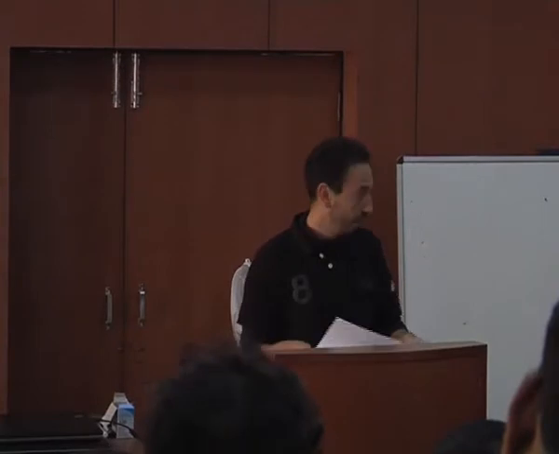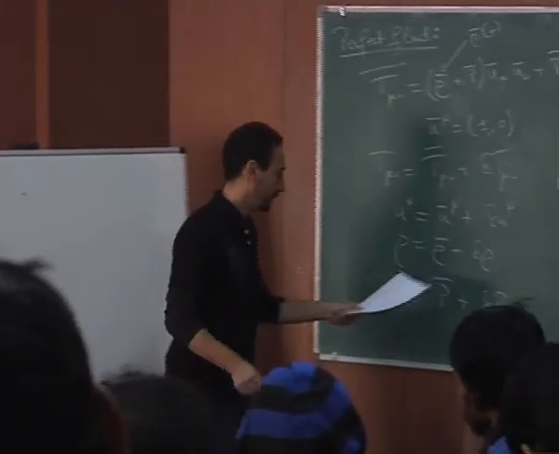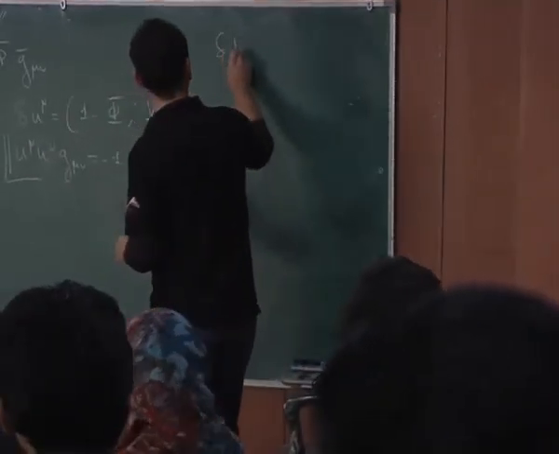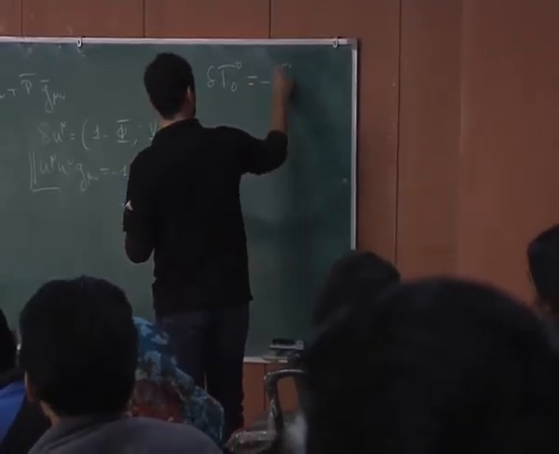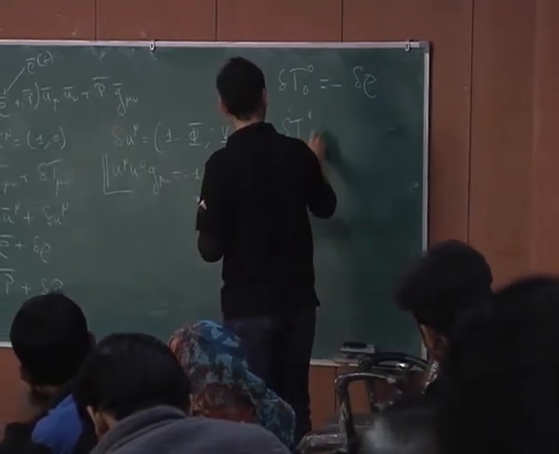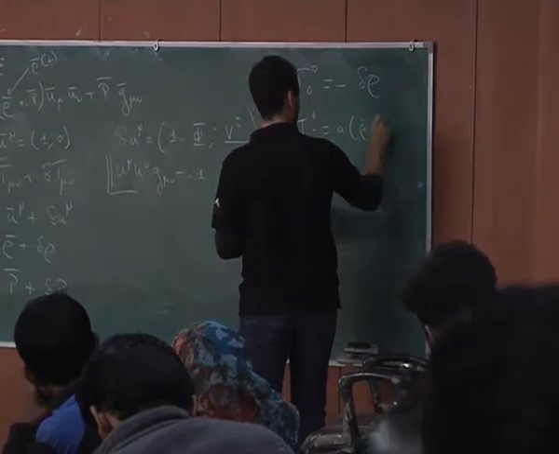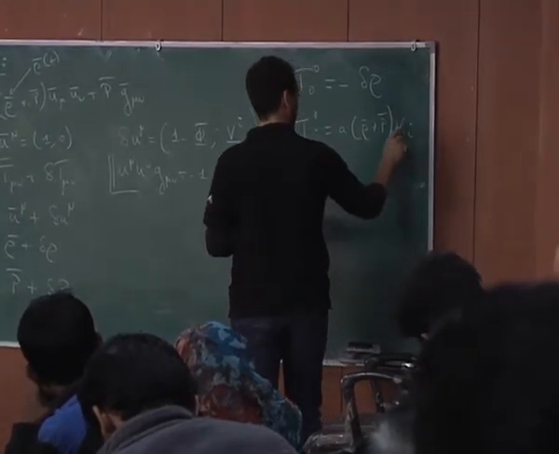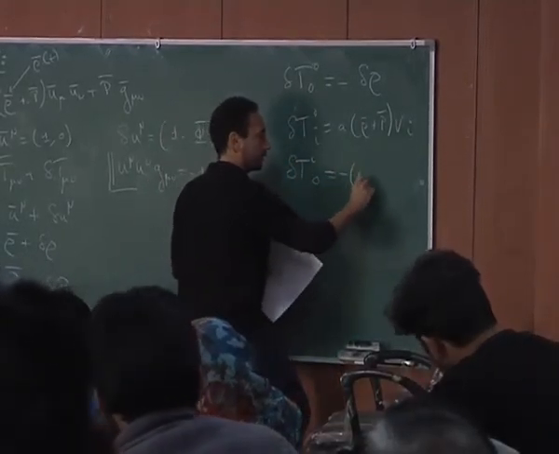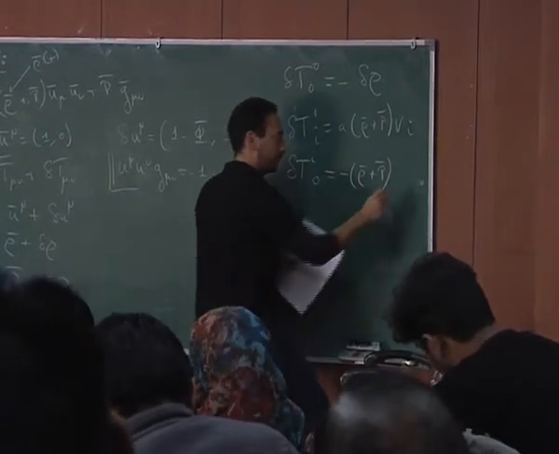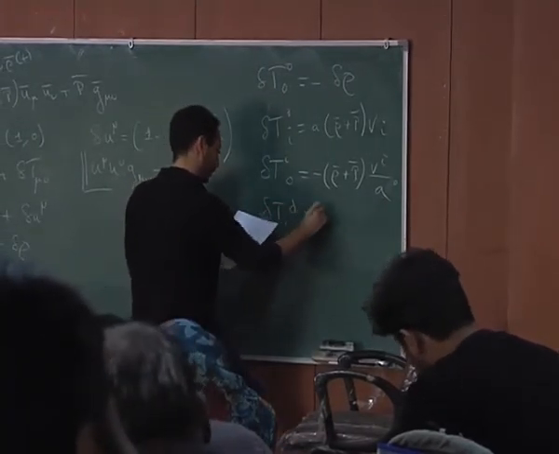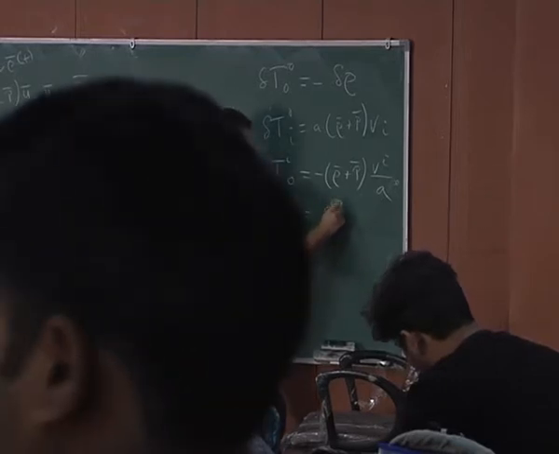Okay, yeah. And the perturbations of density and pressure. So from that you get that delta T00 is just minus delta rho. Delta T0i is density plus pressure times vi. Delta Ti0 is minus density times vi divided by a, and delta Tij is just the perturbation on the matter.